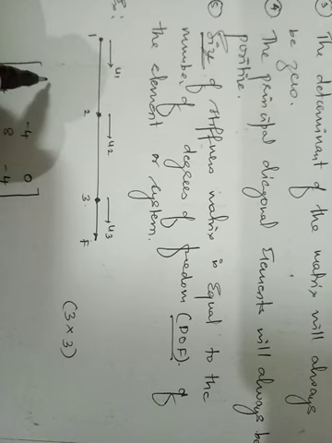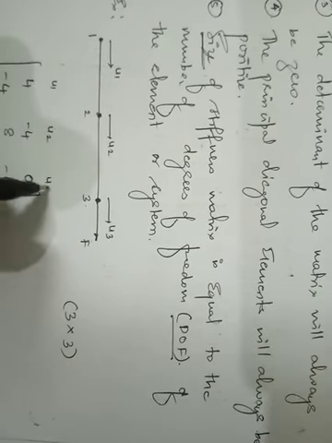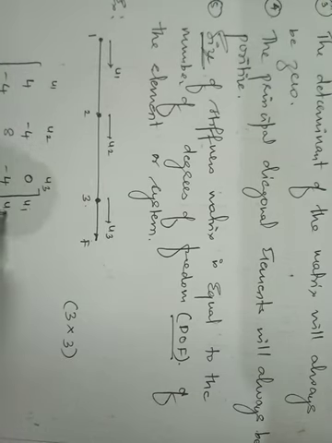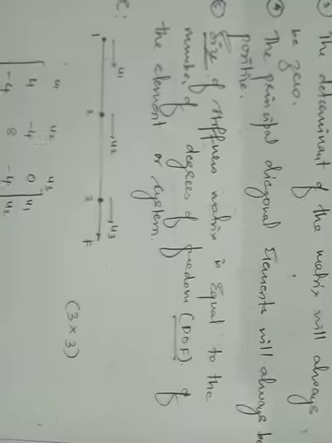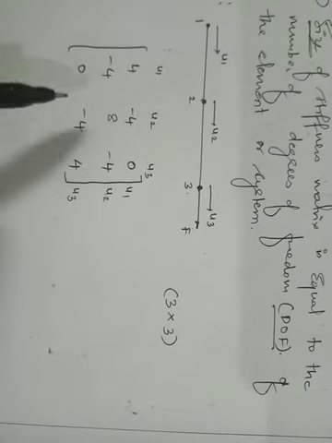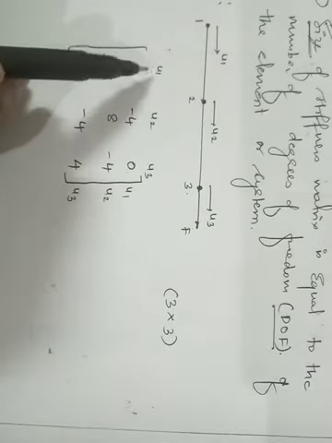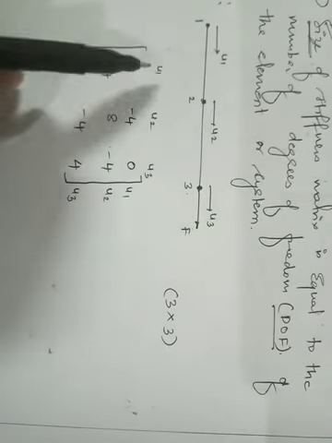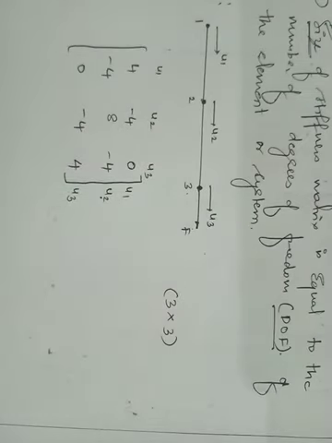Here I'll take it as U1, U2, U3. These are the displacements I have written. I have considered a 3 into 3 matrix, and these are the degrees of freedom or the associated nodes 1, 2, 3. That is how you are going to write it.